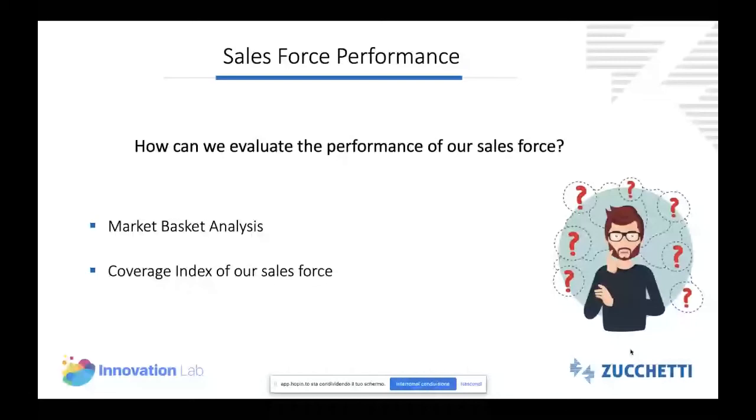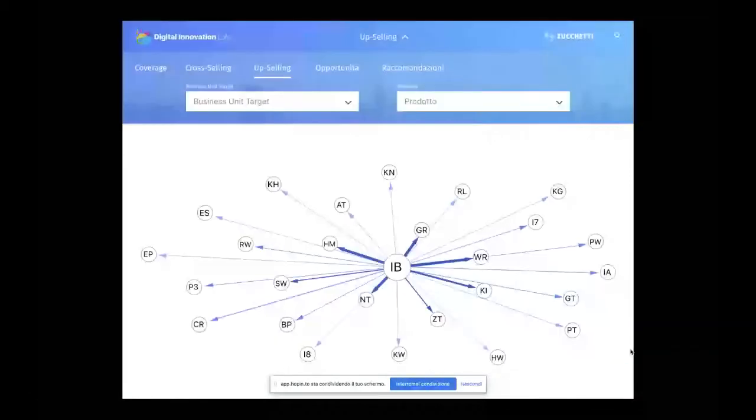This allows us to understand the strength of the link between products. If we look at the graph, the shorter the arrow, the stronger the link between two products. It means a greater interdependence and complementarity between them.